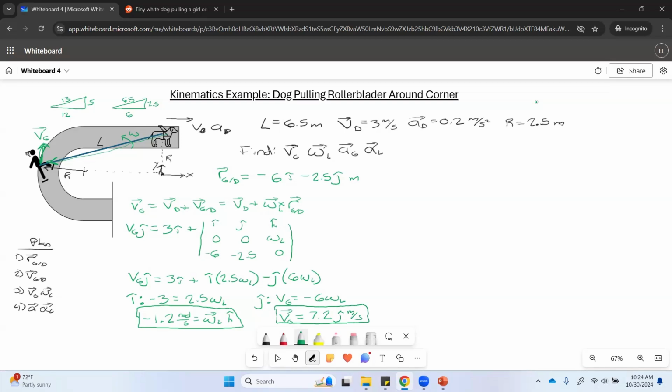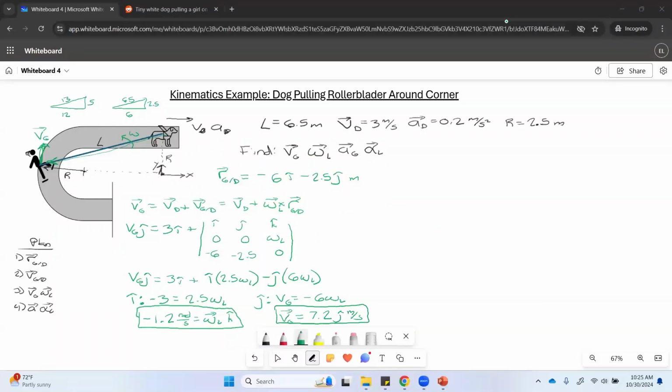So we've got omega and v, and both of these check out because we know the girl is going in the vertical direction, so we have a positive j. We also know that the angle of the leash must be decreasing, therefore omega is negative. Okay, so this is one way to solve using general planar motion. There is actually another way that you can solve for velocities that is a little bit shorter, that only works in this particular situation because of the special triangle, but we will go ahead and work through that.